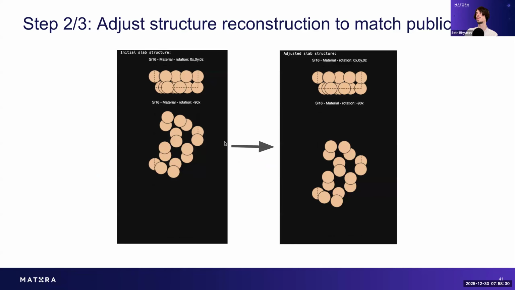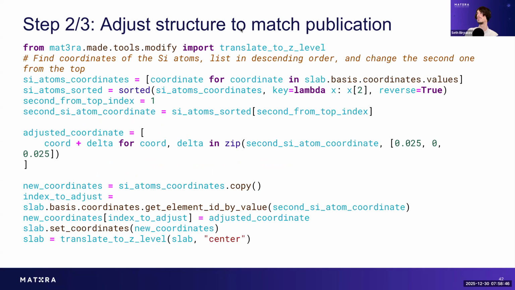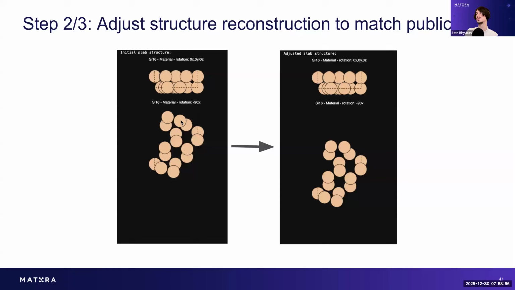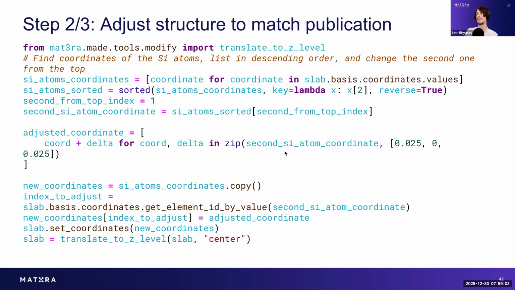And in this notebook, we're going to be doing the adjustment to make the reconstructed structure that we got from the source match the one that is presented in the publication. So we'll need to find the coordinates and adjust one. It's all done in the notebook. So we just need to move this atom, which is second to highest, up to the same level as this one to match the structure. We're going to see this in the notebook.